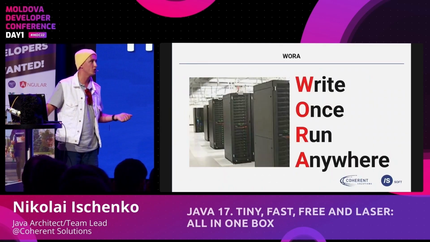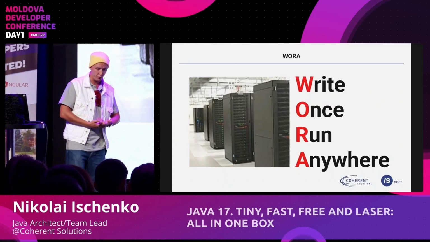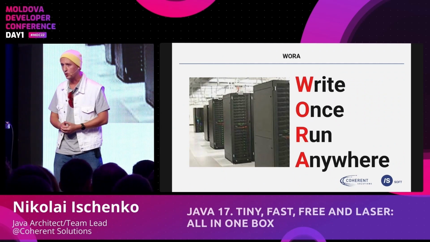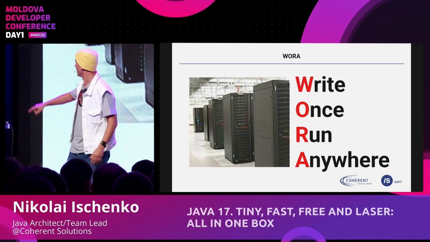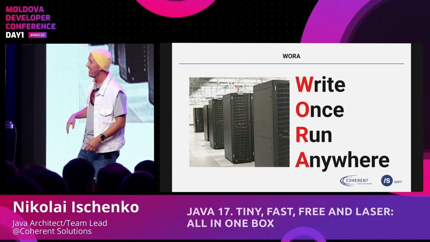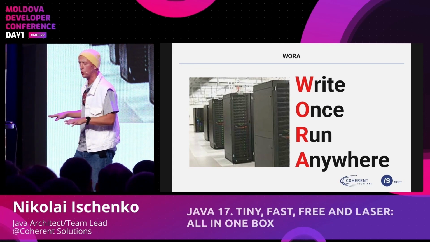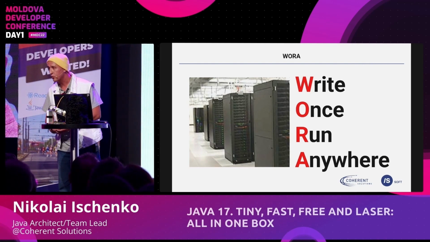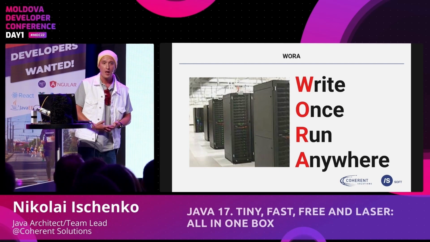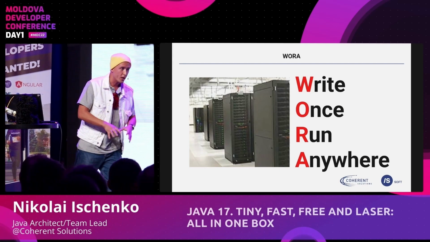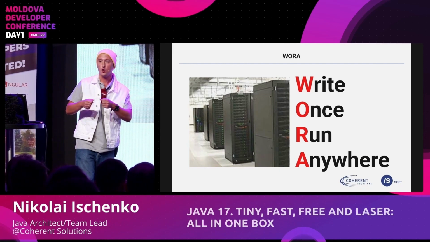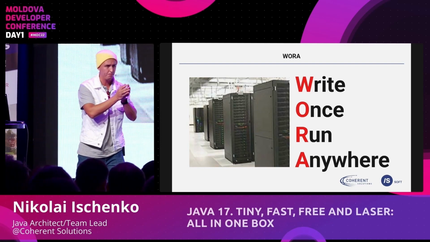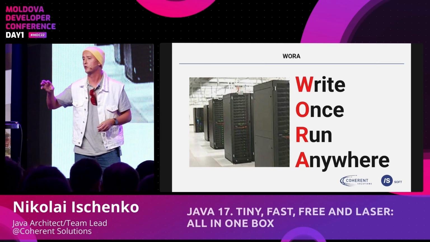But I want to share with you my experience of Java. I'm in the Java world because when I was young, I heard "write once, run everywhere." It means that you can write your Java application and deploy it on different kinds of machines and hardware.